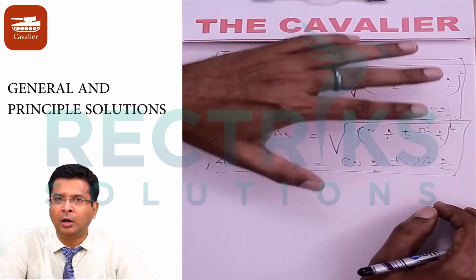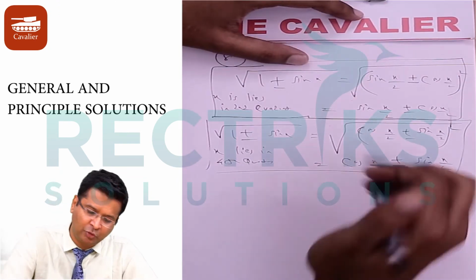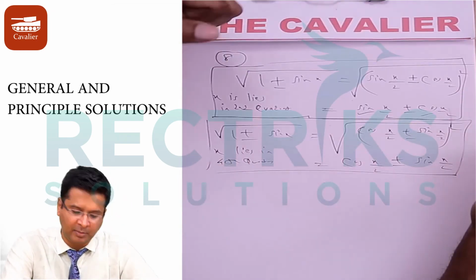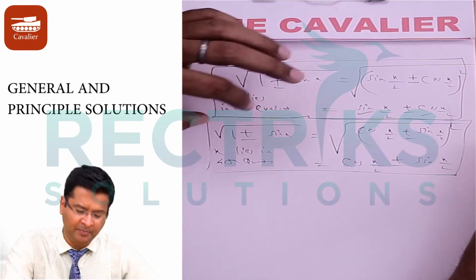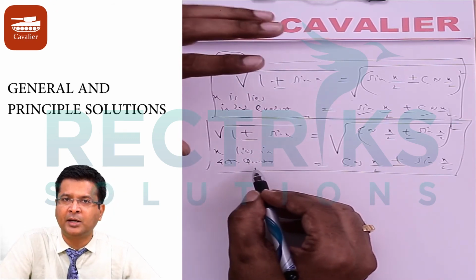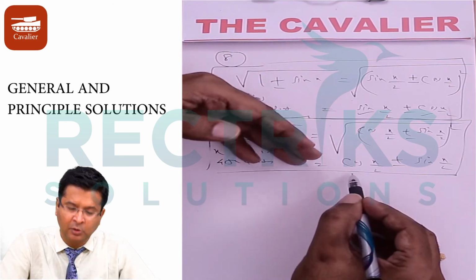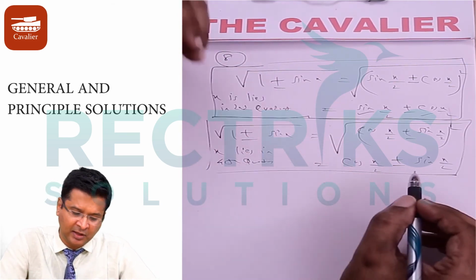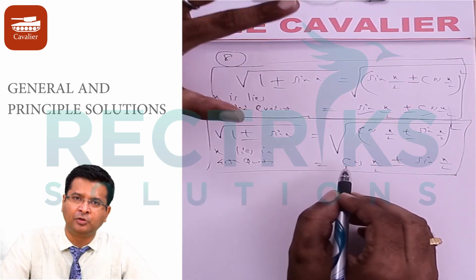They are positive and all others are negative, so we give preference to sin and then cos. So we have kept sin first, cos later. Similarly, if your x is in the fourth quadrant, the fourth quadrant is dominated by cos and sec, so the first value we give preference to is cos x by 2 and then sin x by 2. So that is the reason in the same formula we are using two things.